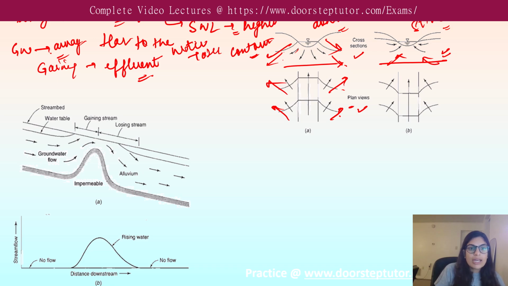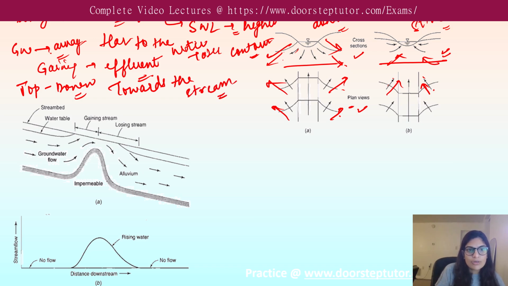Now if you look at the top down view, they are pointing towards the stream, correct? So in a gaining stream they point towards the stream, perpendicular to the groundwater contours. That shows that the groundwater from both sides is converging and seeping into the stream.